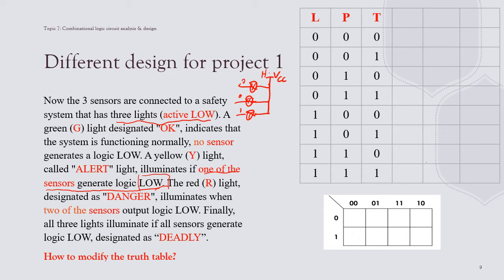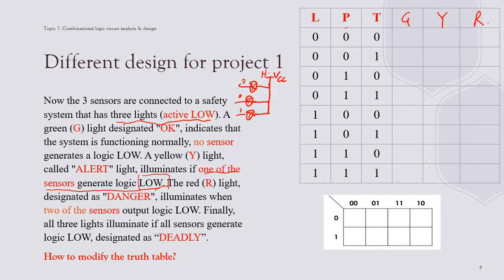So you can see that in this case, we have four conditions for the tank, 1 more condition than before, right? But we can still figure out the truth table because this system still has only 3 inputs and 3 outputs. So we still have the same thing here, G, Y, and R, but the truth table is totally changed.